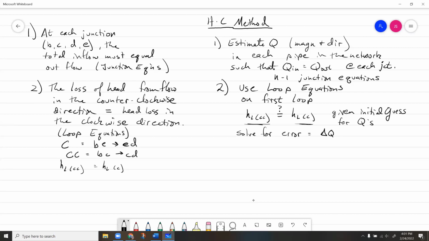You end up with this error term, so solve for delta Q such that head loss in the counterclockwise direction is equal to head loss in the clockwise direction. So this delta Q basically fills that gap, so that you know how much you're off and these actually work out.